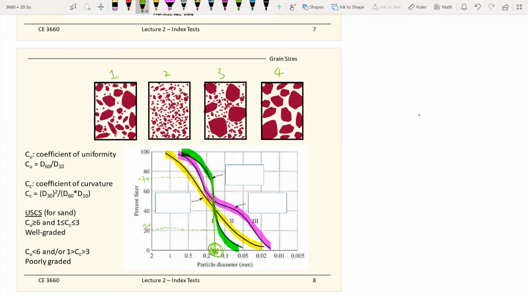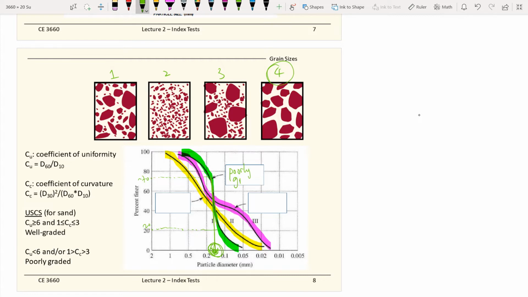So very likely it would be perhaps this one. If there's one dominant size of soil sample, we call this poorly graded. Again, that's just some terminology that we need to pick up for this class.